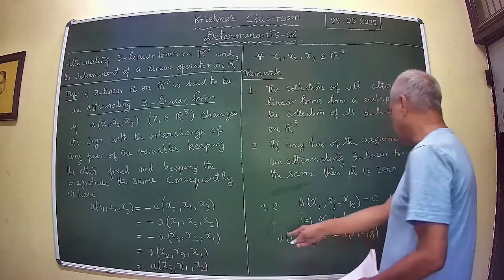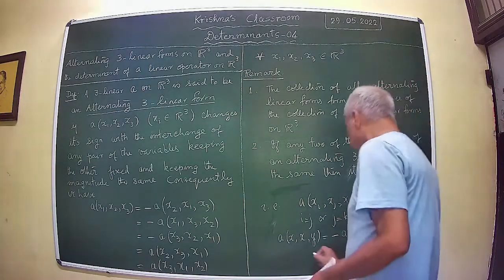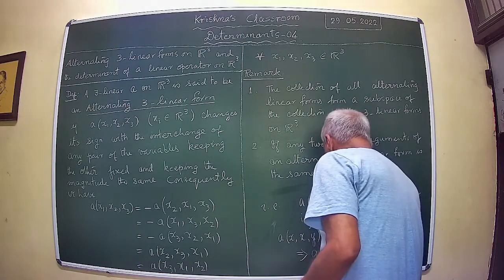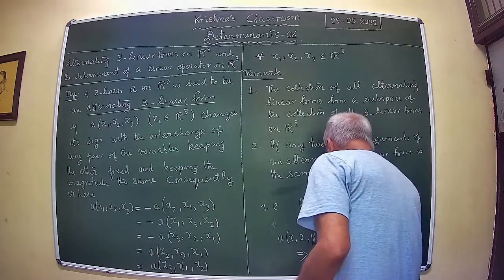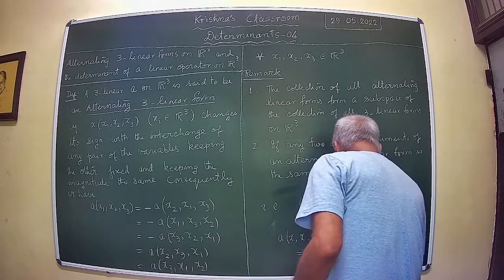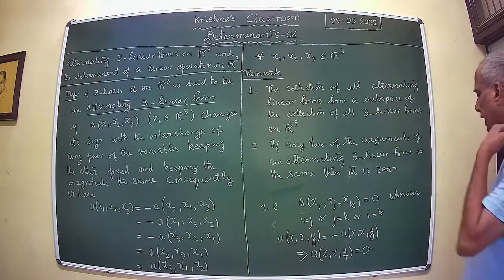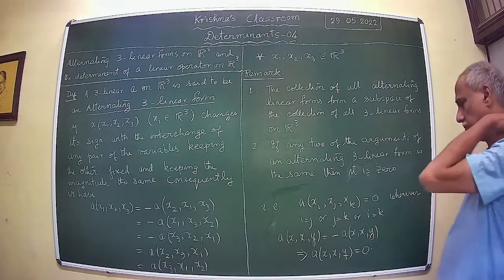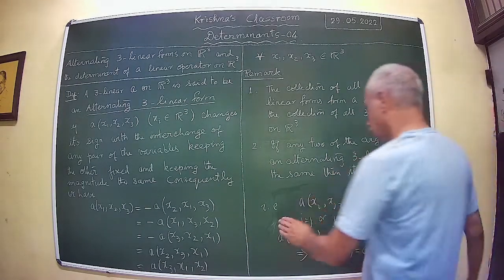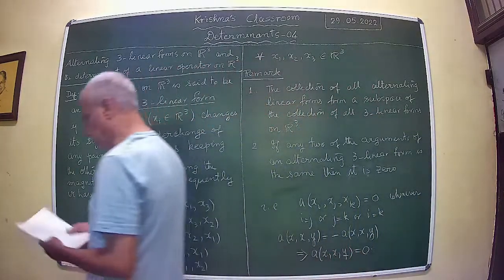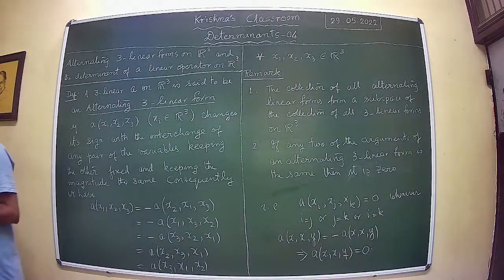The consequence is that A of x, x, y is 0. Similarly for the other two situations, when j equals k and i equals k. Okay. So this is quite straightforward and this information is useful.